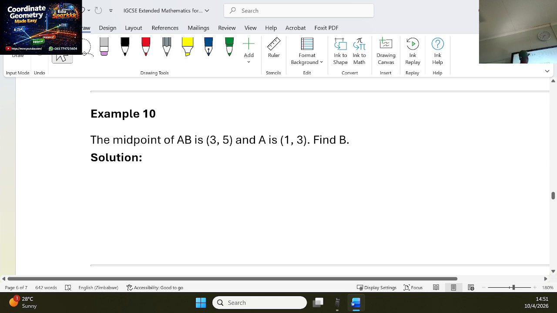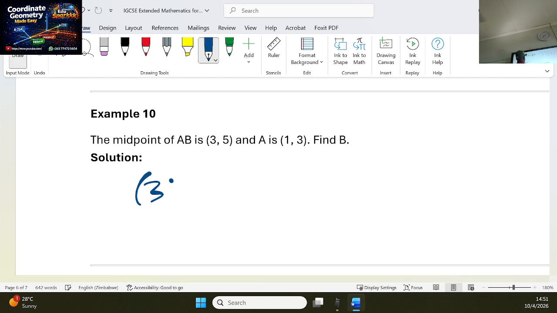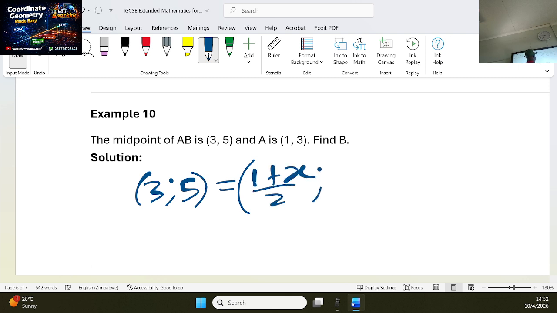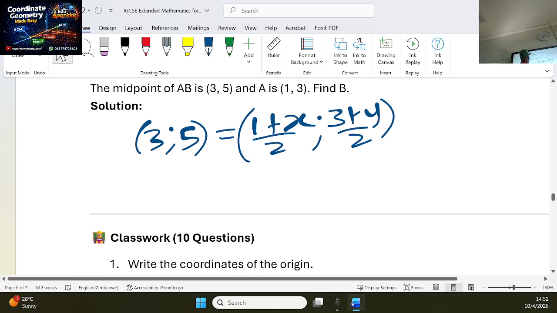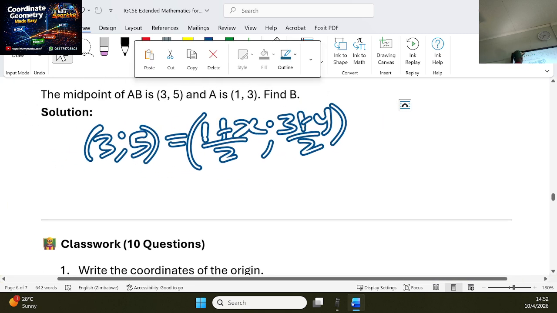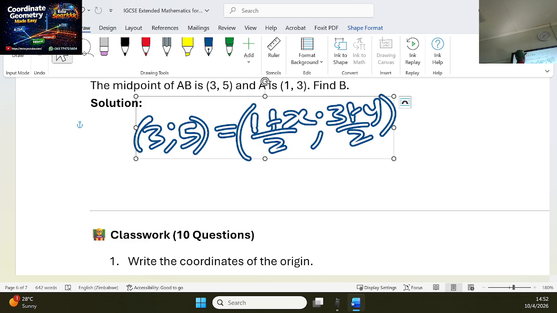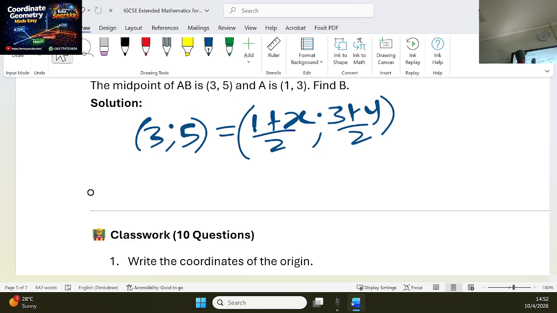So the midpoint is known here. If the midpoint is known, we can start by saying 3, 5. They come from the x value of a certain point 1 plus the x value of the second over 2, and 3 plus the y value of the second point over 2. Then when I look at my equation, it tallies to these two connecting.